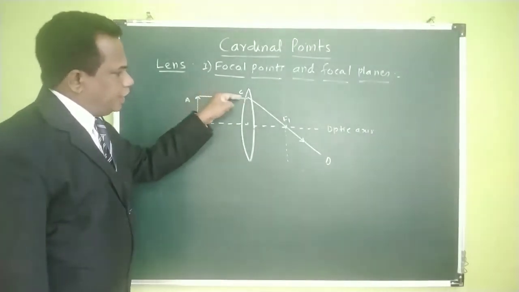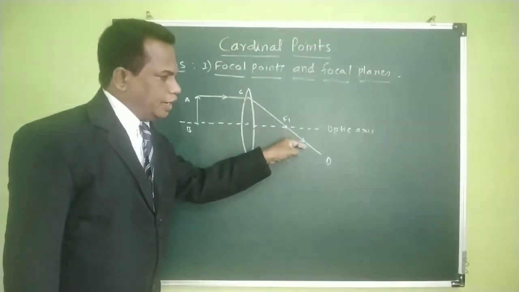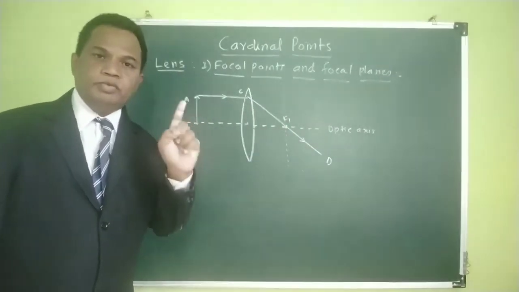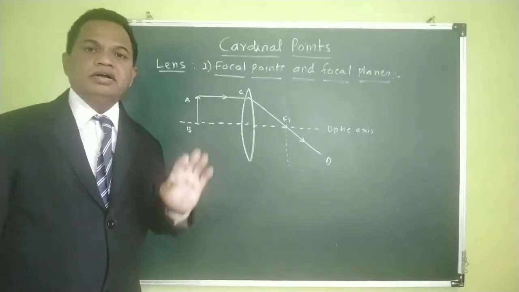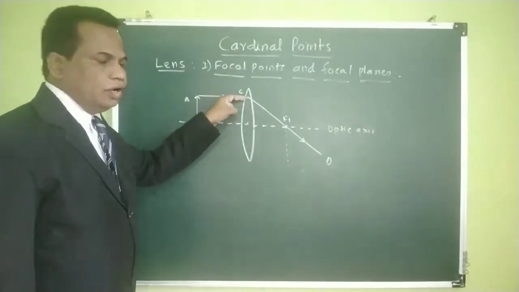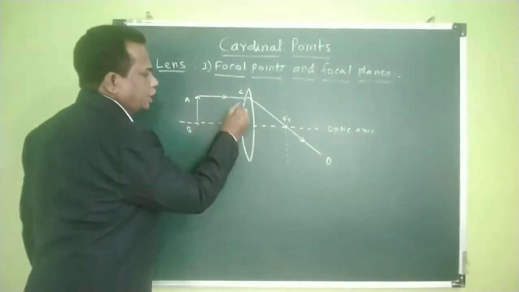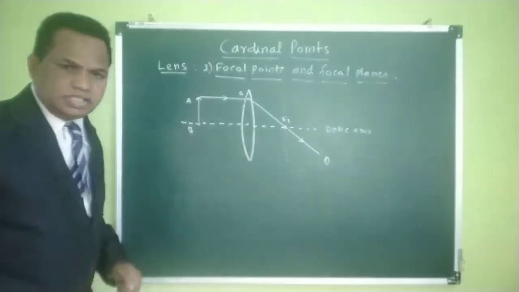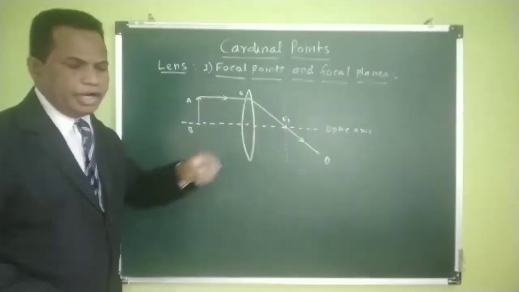Then after refraction, the parallel ray goes through a point on the optic axis. That point is named the focal point. So what is the definition of this point? When a parallel beam of light is incident on a lens, all these rays, whether you consider one, two, three, or any number, come to focus at a single point.